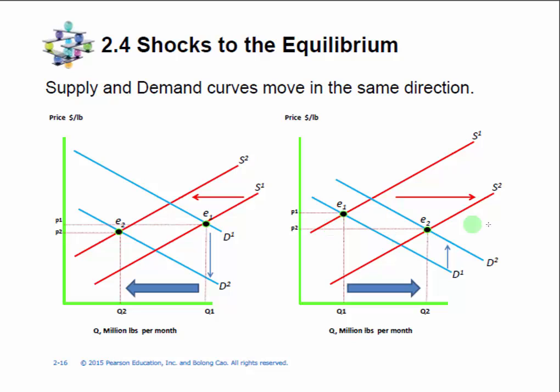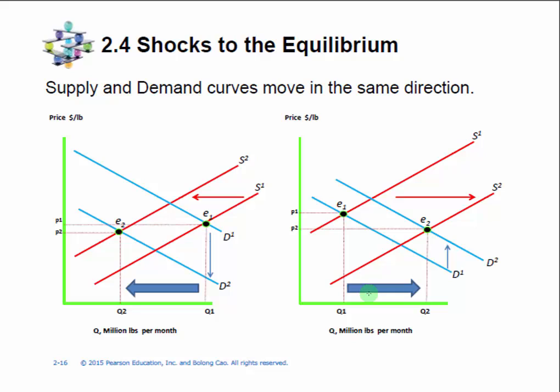But you can also imagine if the demand increases a lot, that can actually drive up the second equilibrium price above the first equilibrium price. So again, when you have both supply and demand increase, we know for sure the equilibrium quantity will increase, but the equilibrium price change is uncertain. It really depends on the relative magnitude of the movement.